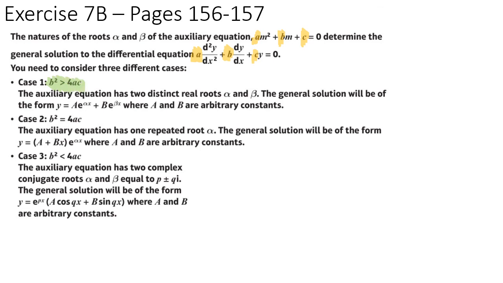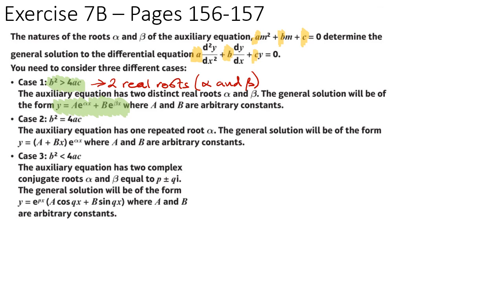So when b squared is greater than 4ac, this is when we get 2 real roots, and those 2 real roots will be alpha and beta, then they go into the general solution, which is going to look like this.